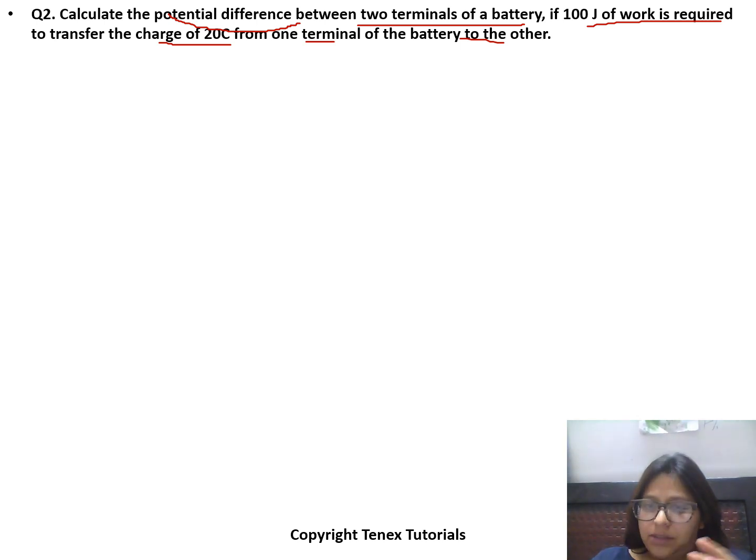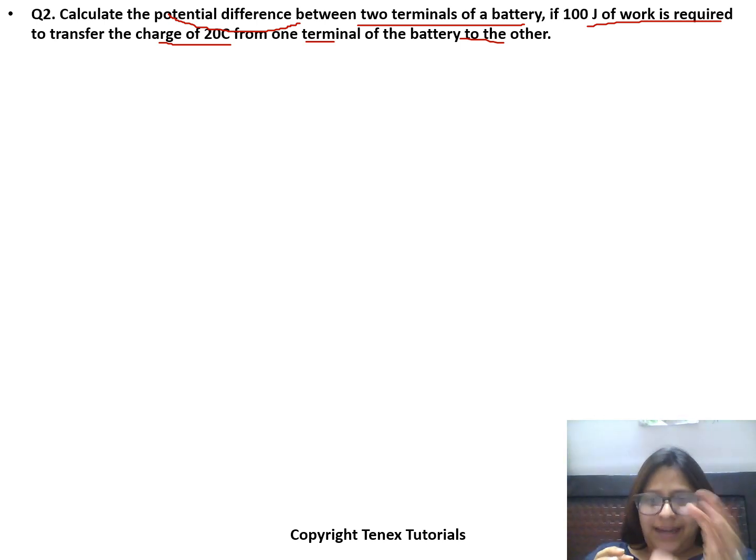There are two terminals of the battery, the negative and the positive terminal. What they are saying is that in order to drive a particular charge from one end to another end, the amount of work done is 100 joules, and the quantity of charge transferred is 20 coulomb. You need to calculate the potential difference between the two ends. So let us calculate this one.